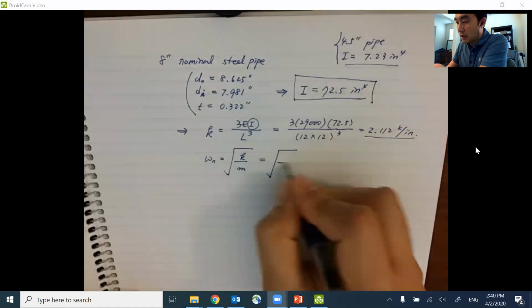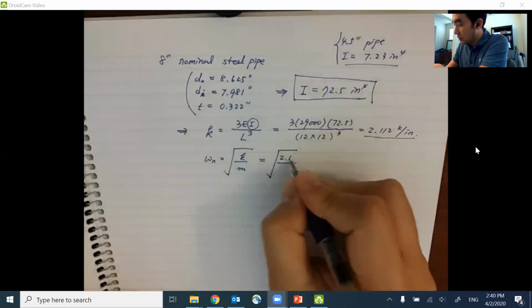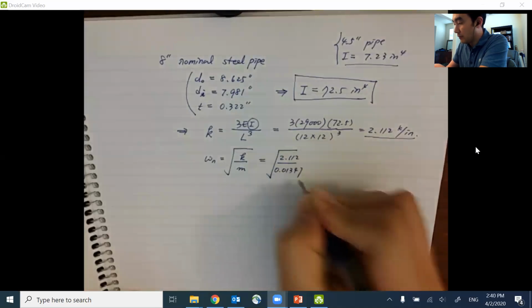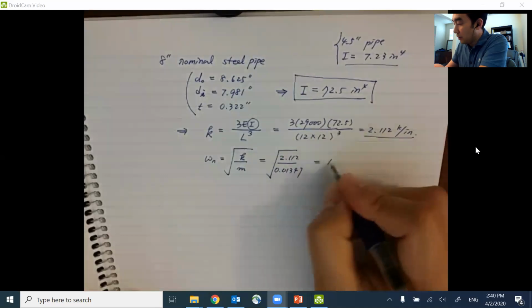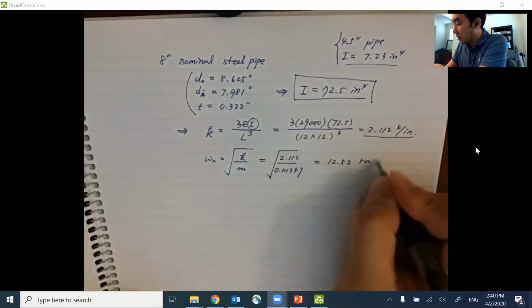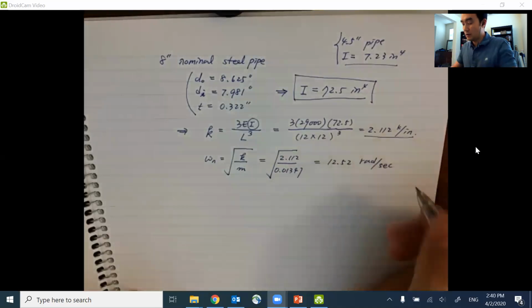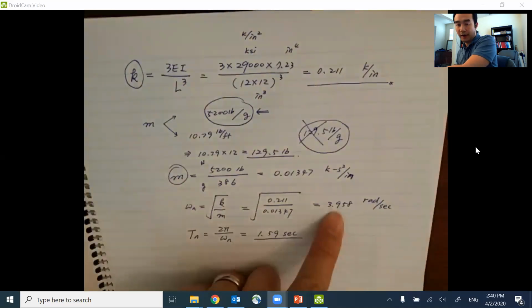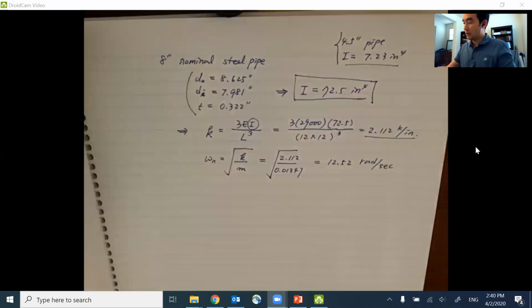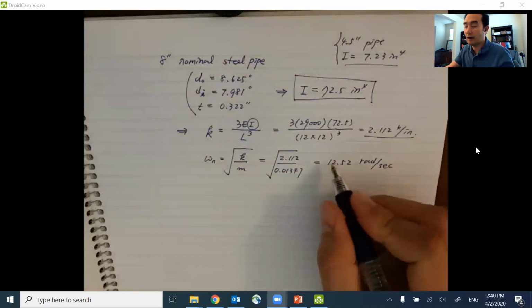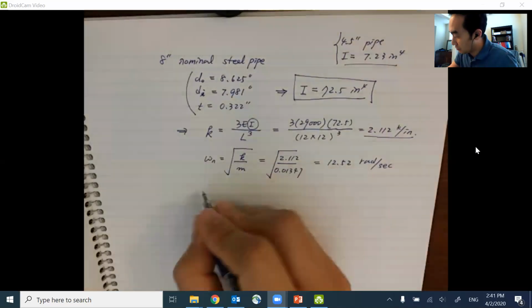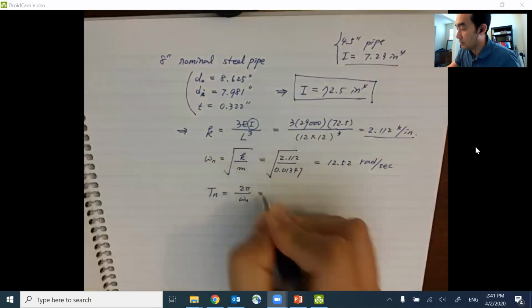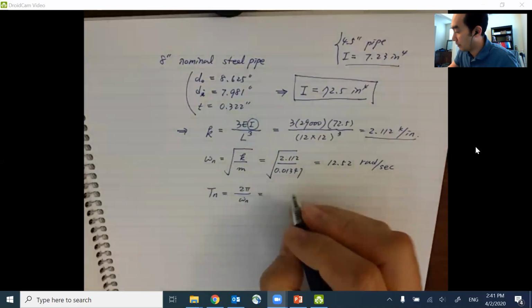When I plug in those numbers, and this was 0.01347 from the previous calculation, I got 12.52 radians per second. It was previously 3.958 radians per second. Now the natural frequency is changed to 12.52. And that affects our period calculation, 2 pi over omega n. So it is going to be 0.502.